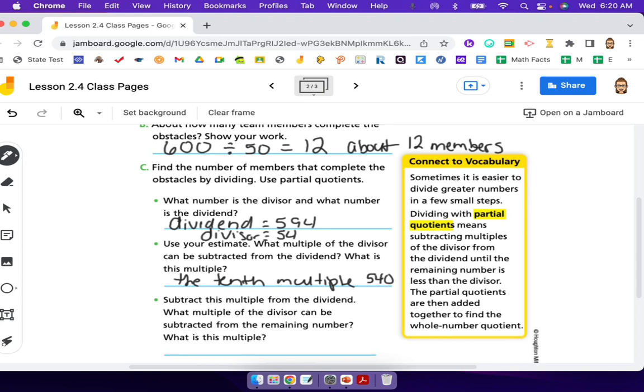So what this looks like here is we're going to do 54 into 594. So we're using 10, and we're getting 540. Subtract, that leaves us 54.